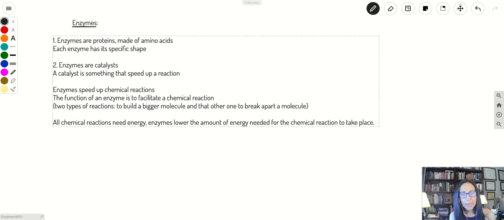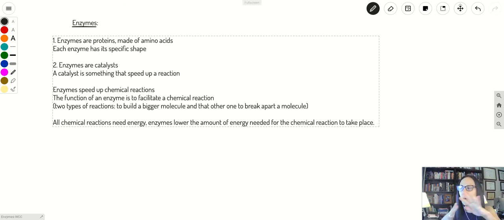Okay, and the way that it lowers it is that, let's say, for example, we have two molecules that are floating around in the air. And these two molecules floating around the air, they're just going to be floating around for days, maybe years. And one day those two different pieces will bump into each other just by chance, and then they will react and turn into one bigger piece.